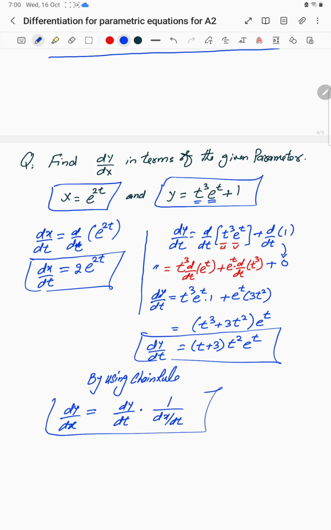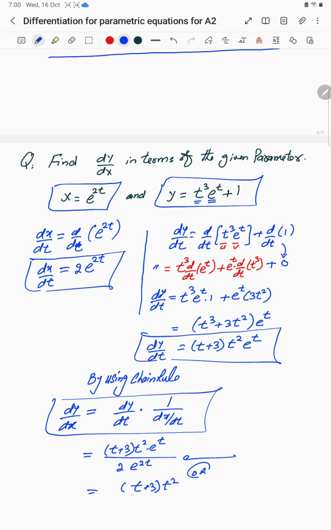So using this rule again and substituting the results, we get t plus 3 times t square times e power t, whole divided by 2e power 2t. Maximum you can simplify the like terms by using indices, or you can write t plus 3t square over 2e power t, because from 2t minus t we get e power t. This is the final answer. I hope it is clear.